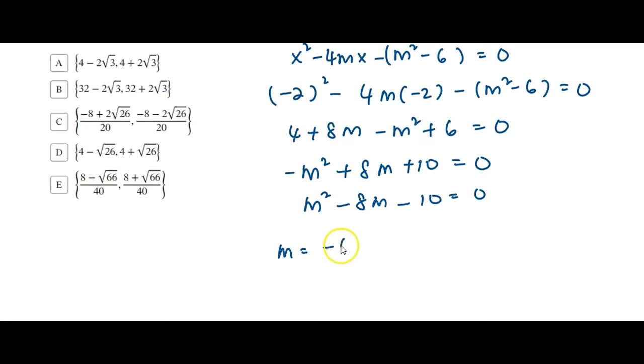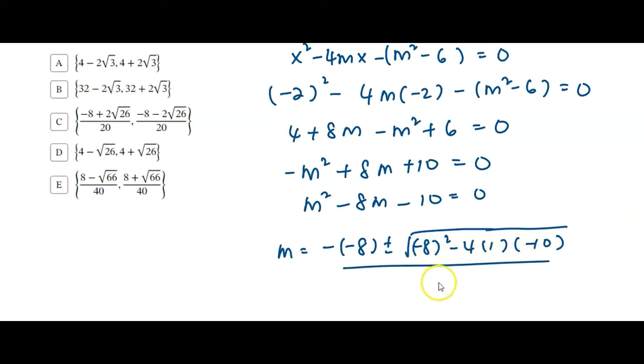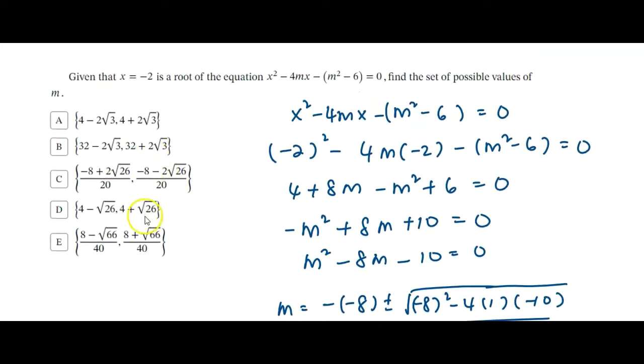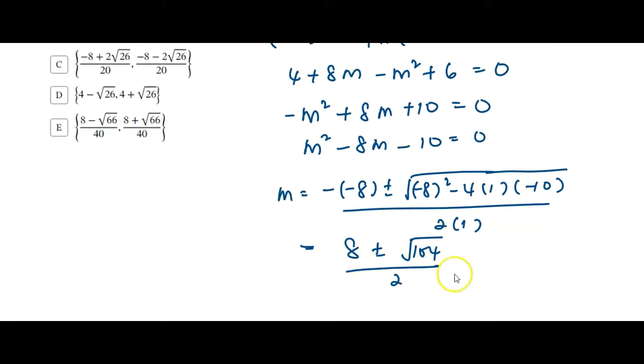So I'm going to use the formula, that is negative b plus minus square root of b squared minus 4ac, where c is negative 10, over 2a. Then with your calculator, you can calculate. After that, we have this. Try to check your answers A, B, C, and D. There is no answer exactly the same as what we have got here.